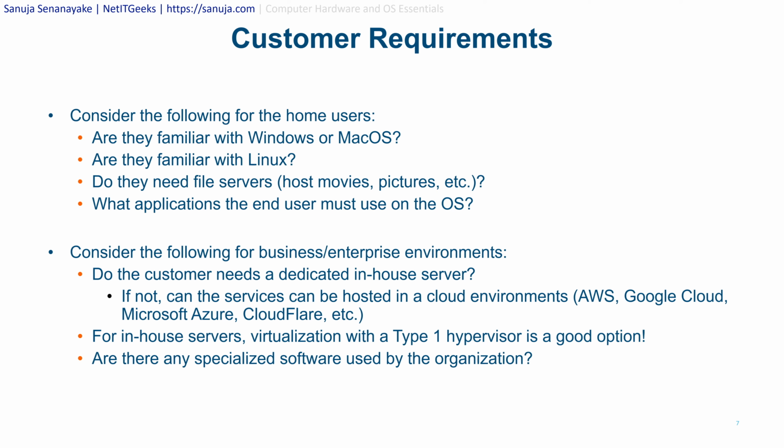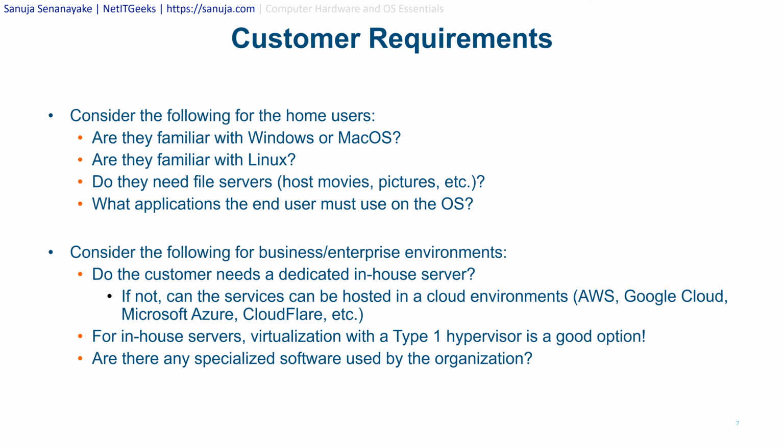If that's the case, you can take the server, and if you're installing it for the first time, install a Type 1 hypervisor such as VMware ESXi. Then you can install Windows Server 2022 on a virtual machine.